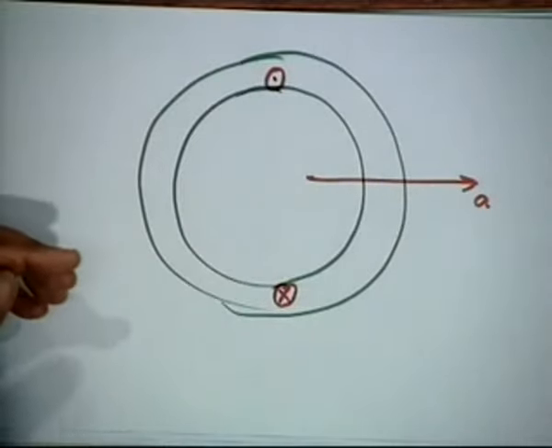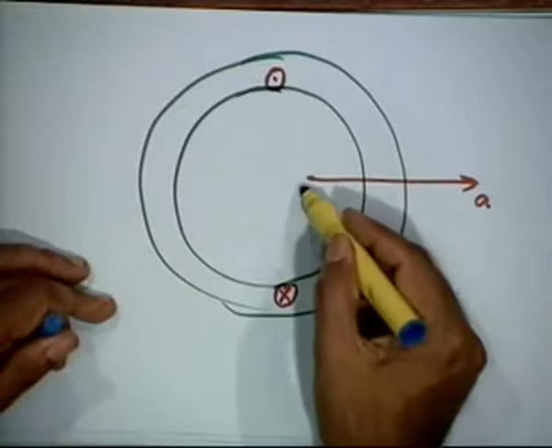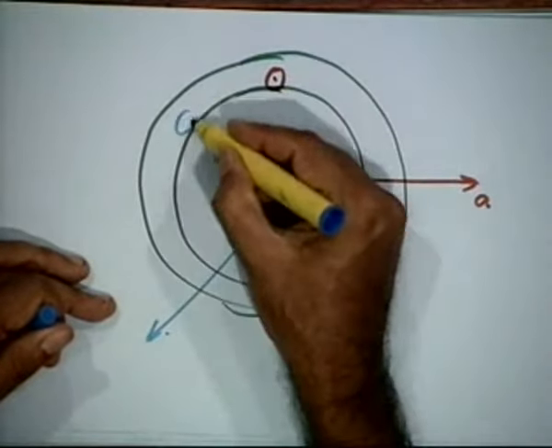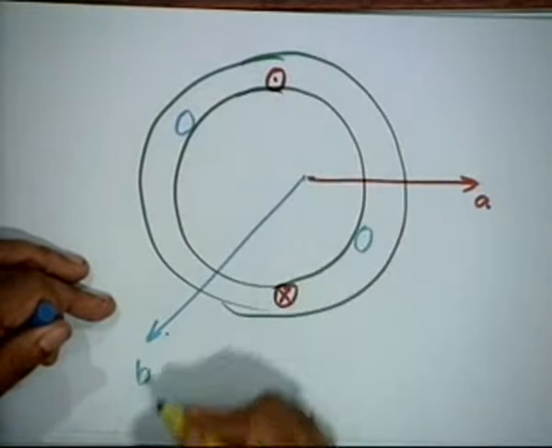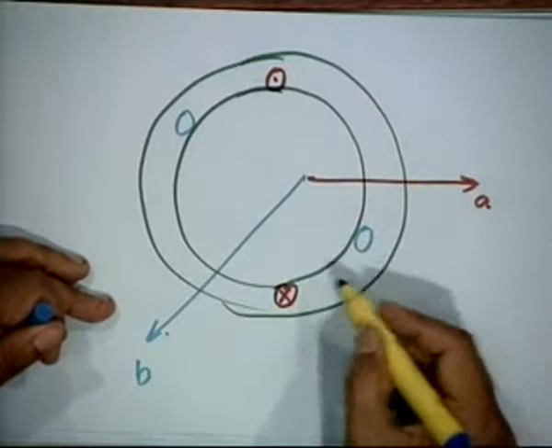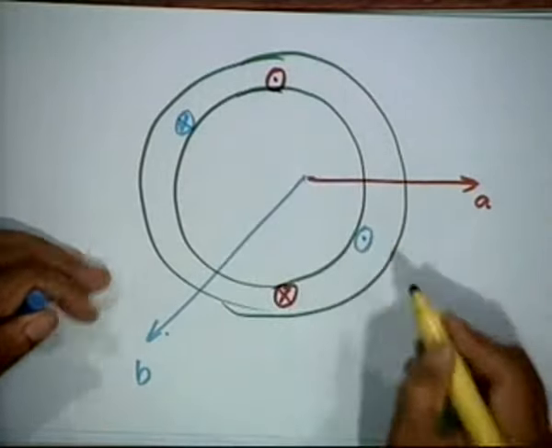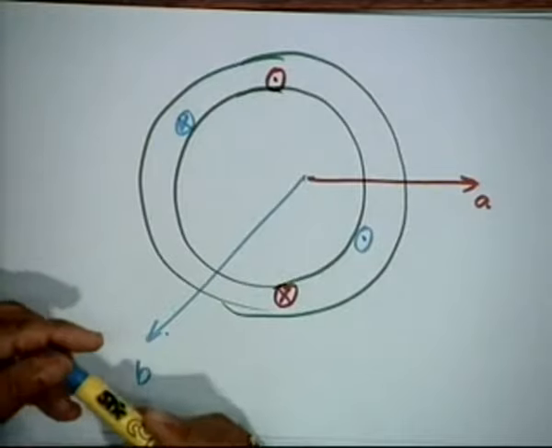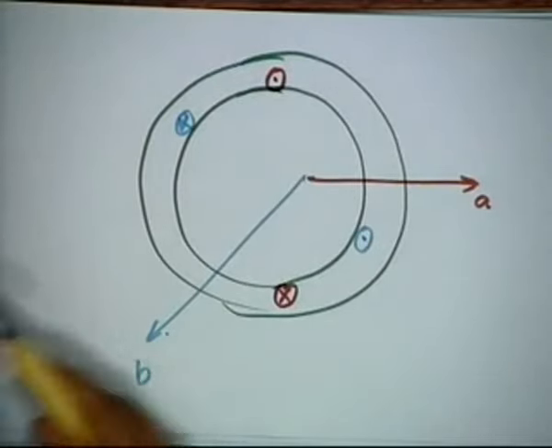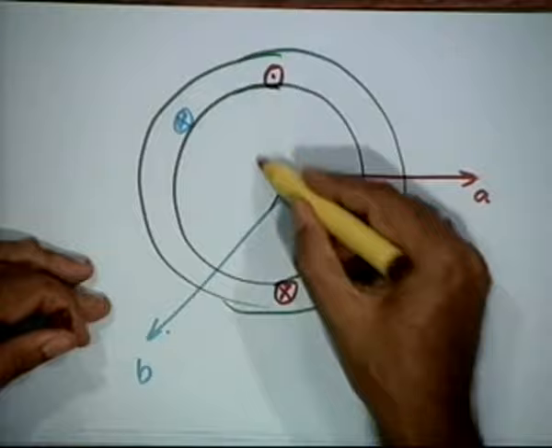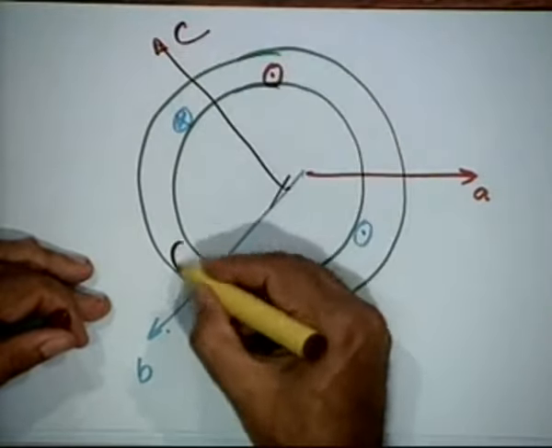Then let us say B, which is here, and then C somewhere here, okay.